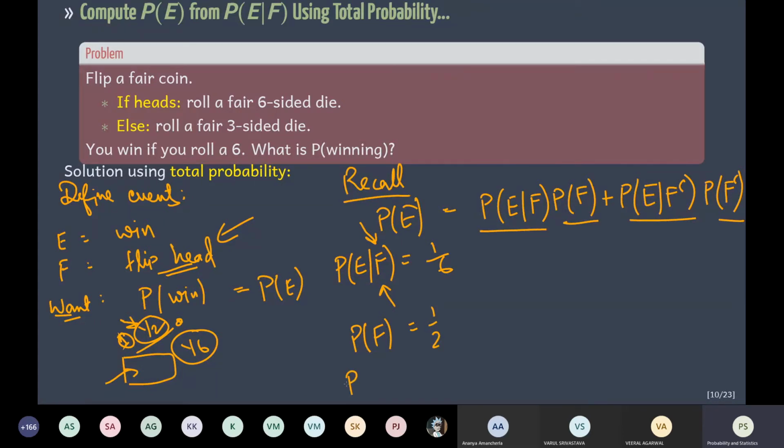So we are now getting all these terms, right? We just want to use total probability. That's the idea. So probability of E given F complement is what? In words, what is the probability that you will win if the complement of F has happened? The complement of F is that you flip tail.